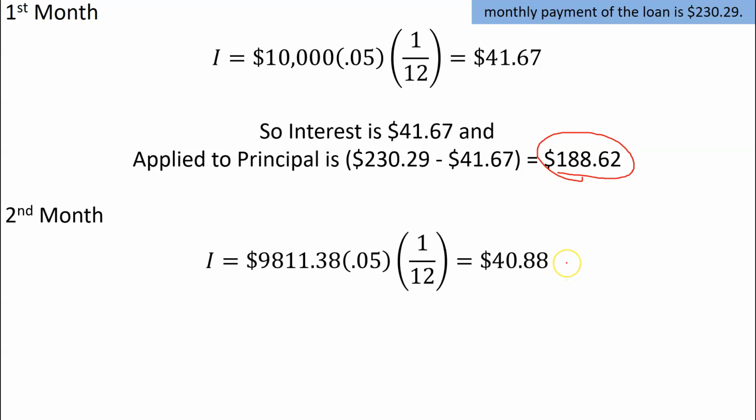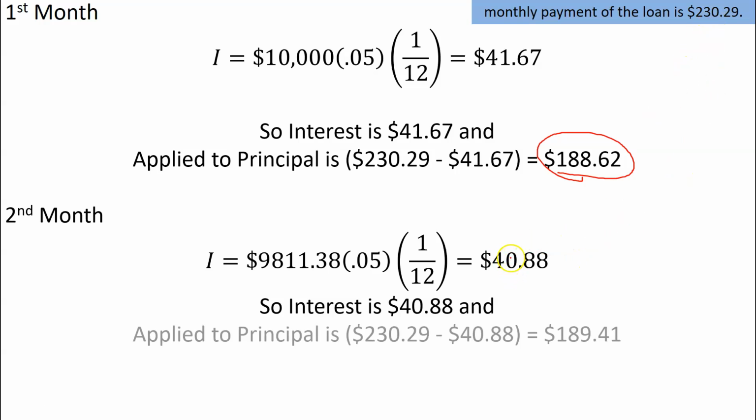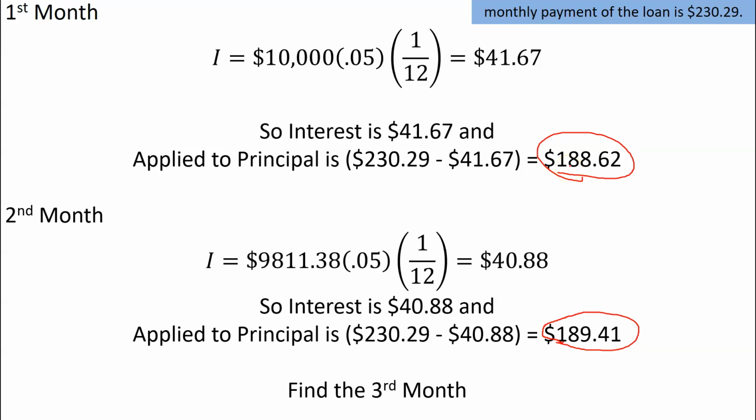To get what did I pay on the principal that month? Well, you take the monthly payment, subtract the interest portion, and you're left with the portion that went into the principal. Notice it got a little bigger. I paid a little bit more off on what I owe on this loan. And we could just keep continuing this.